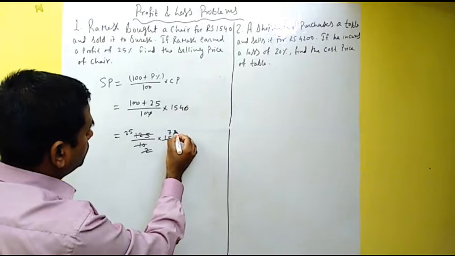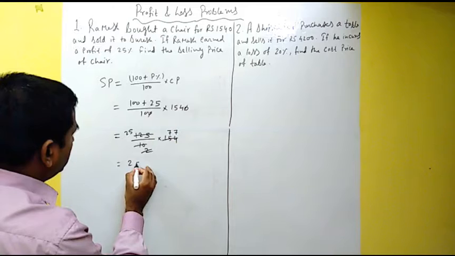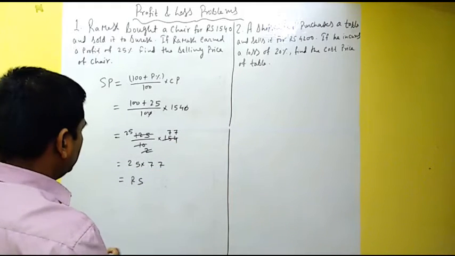So 77 I'm getting. Now we have to do 25 into 77, and that will give me the answer.